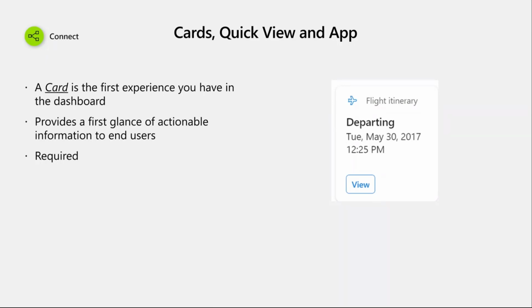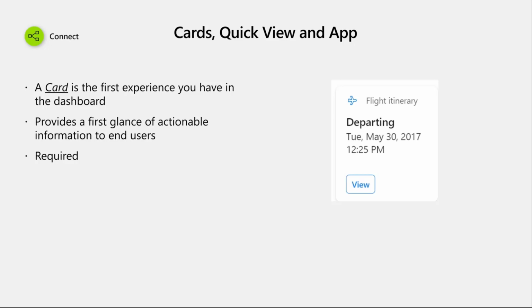The purpose of the card is to provide the end user quick, actionable information that is supposed to be consumed directly within the card. So, for example, your connector has arrived, or your flight has been changed, or you have to go to the gate, or you need to check in, for a frontline worker scenario. The idea of the card is that everything is available for you, and you should be able to consume that information directly there.